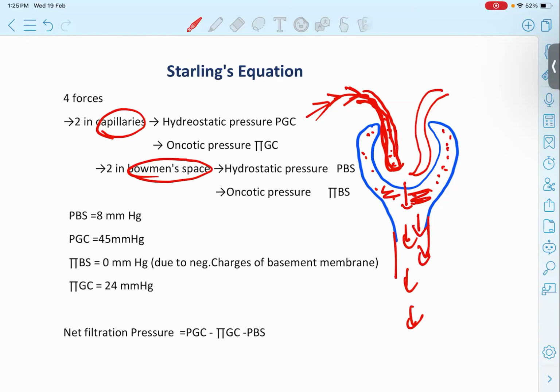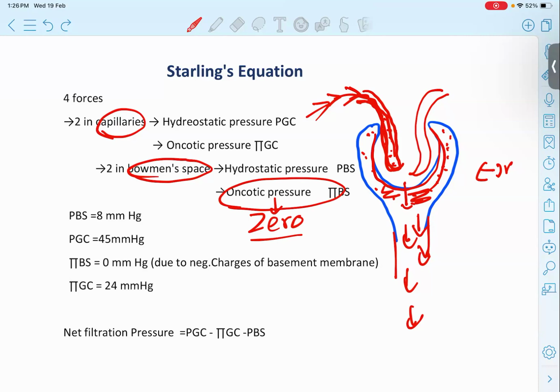Now, oncotic pressure in the Bowman space is 0 in a normal nephron. Why? Because there is a basement membrane right here, and this basement membrane is negatively charged, so protein cannot pass into Bowman space. If it's a healthy nephron, not nephrotic syndrome or diabetic nephropathy, then protein cannot pass beyond this.